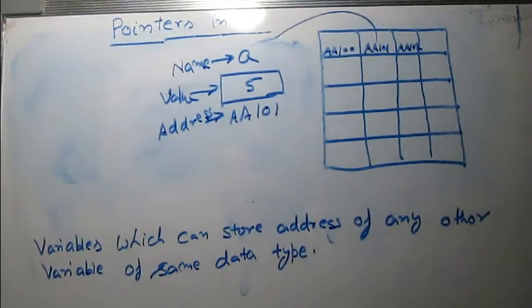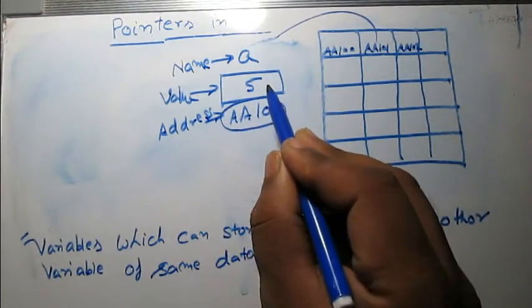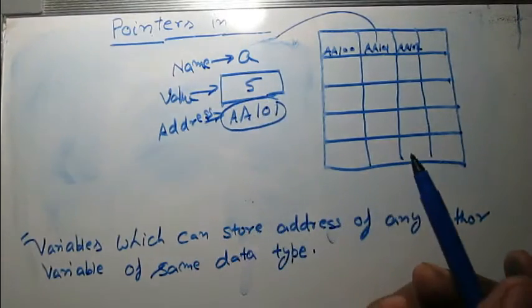So you can define a pointer like this. These are the variables which can store addresses of any other variable of the same data type. For example, if you want to store this address, not this value, into any other variable, you have to have a pointer variable.